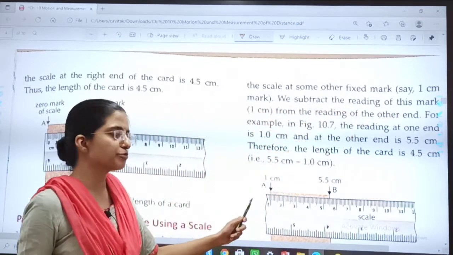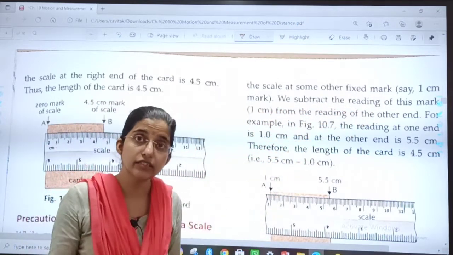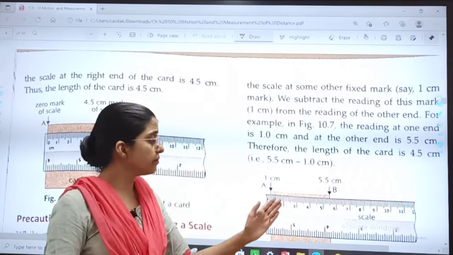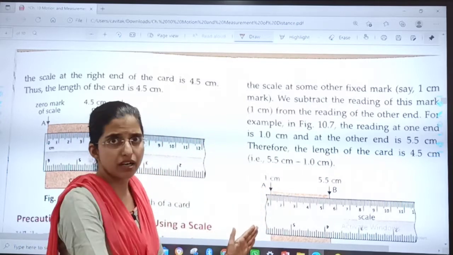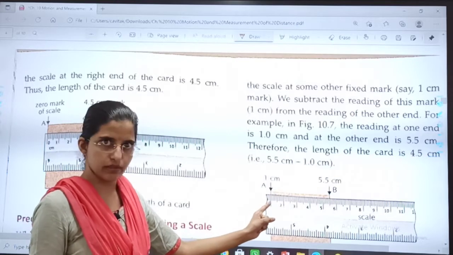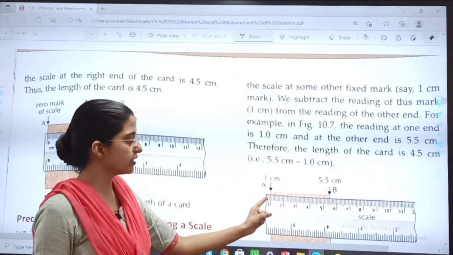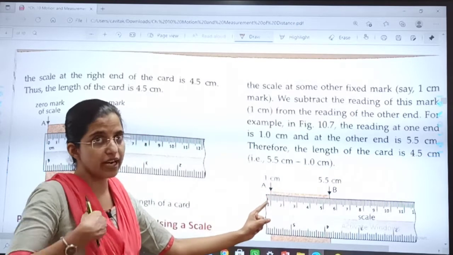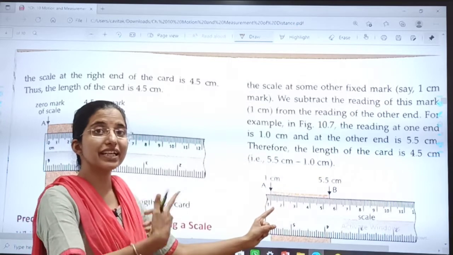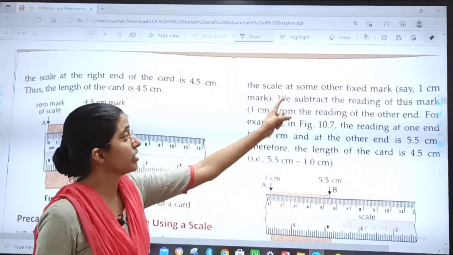See, this scale is broken. There is no zero in it, so what will we do now? We will place the scale at some other point. For example, 1. Where have we placed it here? At 1 we are assuming it as the starting point.